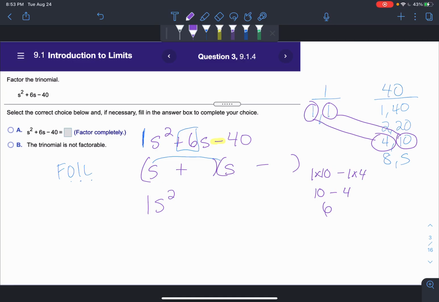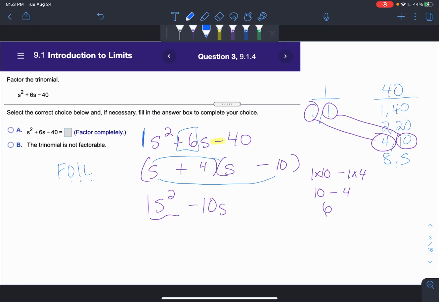Now we have to decide: is this 4 or is it 10? And is this 4 or 10? We have to choose which one. If we put 4 here and 10 here, let's say we did that first, and we did FOIL to multiply it across, we get s times s, or s squared, then s times 10, or minus 10, which would give us minus 10s.